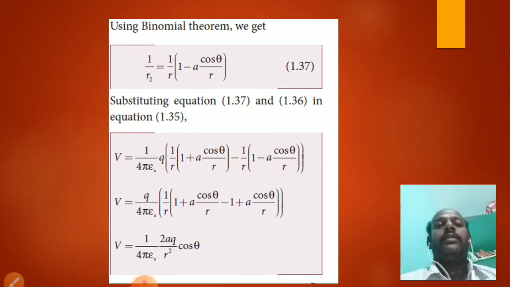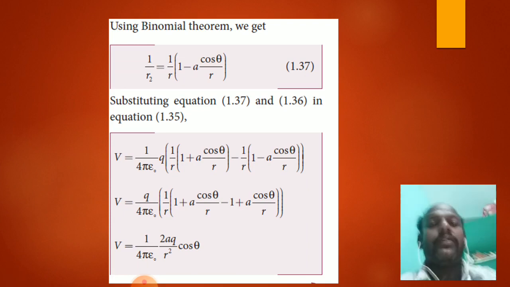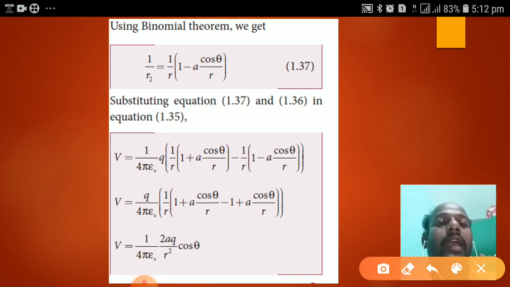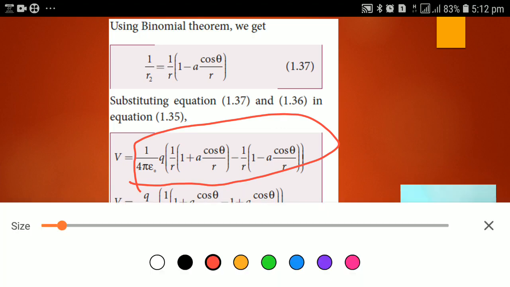By using the binomial theorem, 1 by R2 will be equal to 1 by R into 1 minus A by R into cos theta. When you substitute the value, you have to substitute carefully, because initially we have written V will be equal to V1 minus V2.